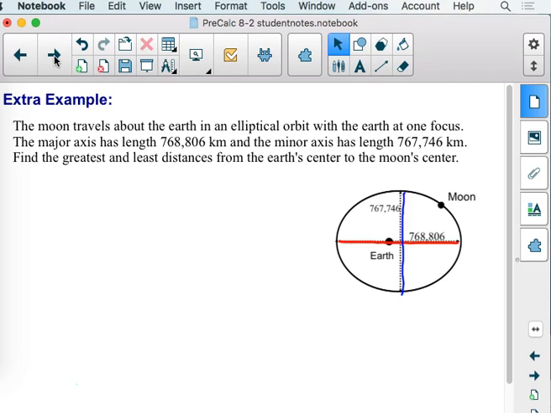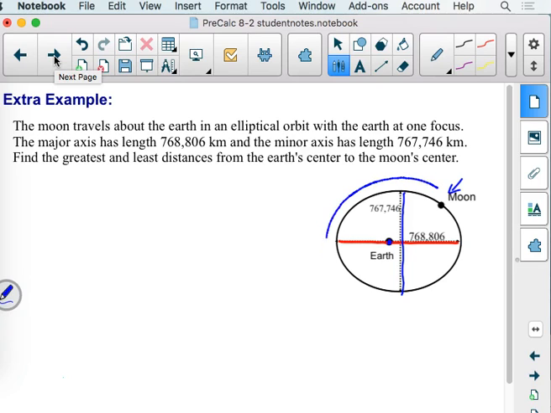Okay. Earth's center. Here's the moon. All right. So we have to visualize the moon going around and think, where will it be the greatest distance from Earth?